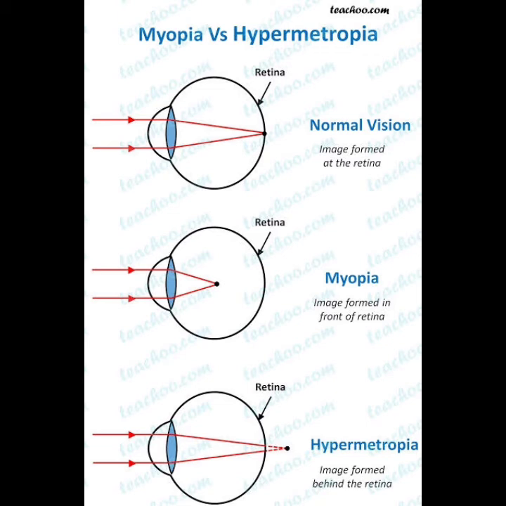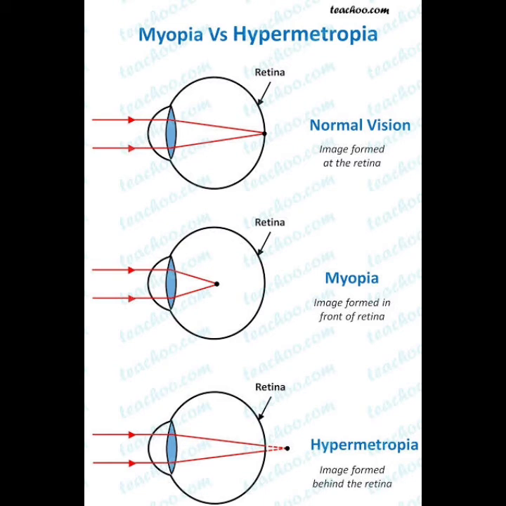Hypermetropia is that defect of eye for which a person cannot see nearby objects clearly. So when we cannot see nearby objects, it is called hypermetropia, and when we cannot see distant objects, it is called myopia.